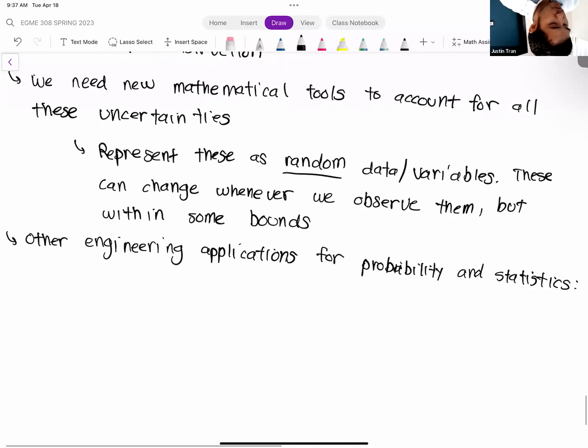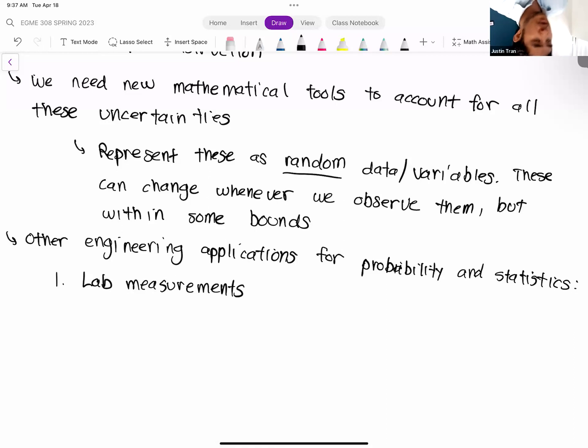All right, so the first place we're going to see it the most, if you haven't already seen it, is in lab measurements. Right, so whenever you do any kind of laboratory experiments or you take any kind of measurements, you know that there's some kind of uncertainty associated with that.